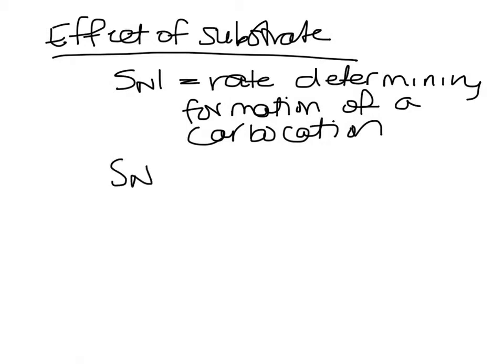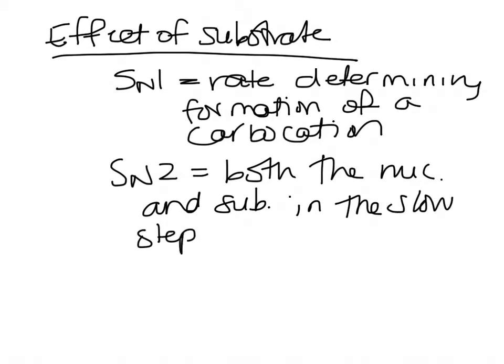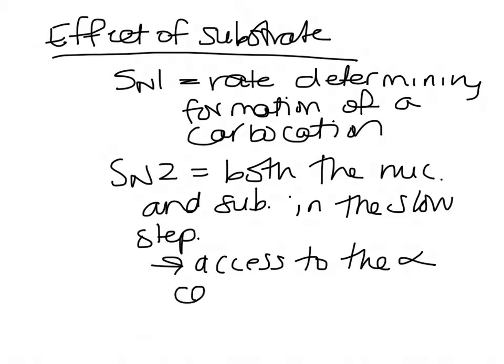In SN2, we have both the nucleophile and substrate in the slow step, and we need to have access to the alpha carbon.